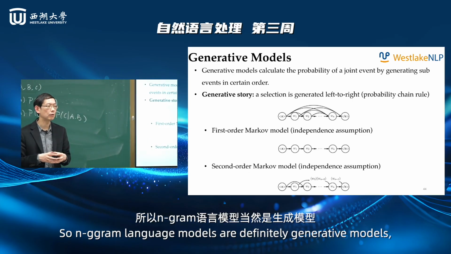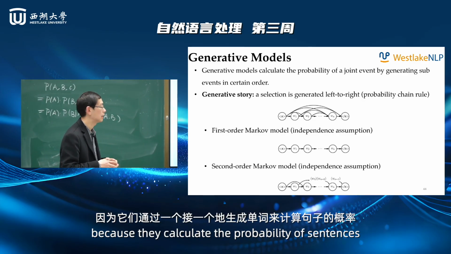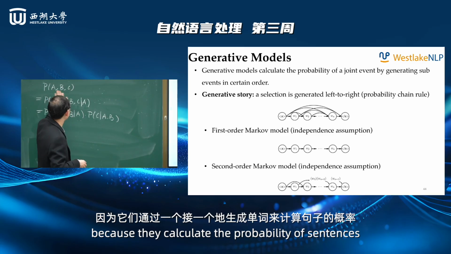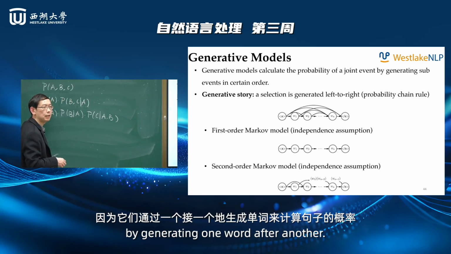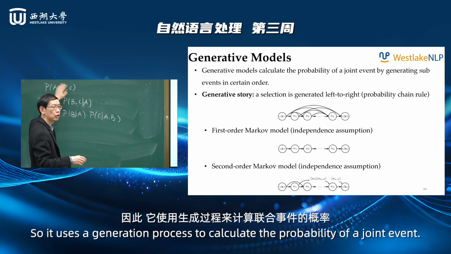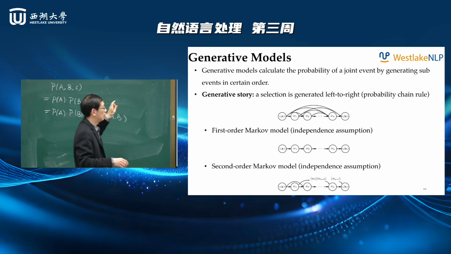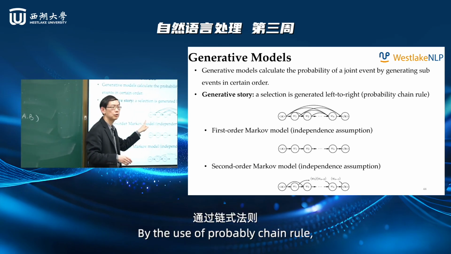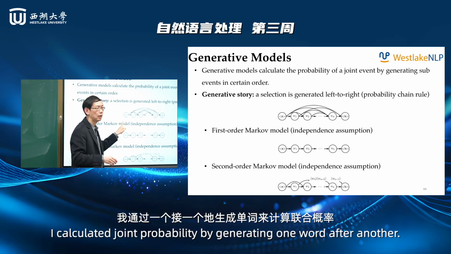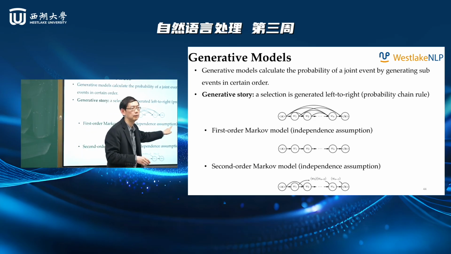So n-gram language models are definitely generative models because they calculate the probability of sentences by generating one word after another, right? It uses a generation process to calculate the probability of a joint event. That's called a generative model, all right? By the use of the probability chain rule, I calculate the joint probability by generating one word after another, okay?